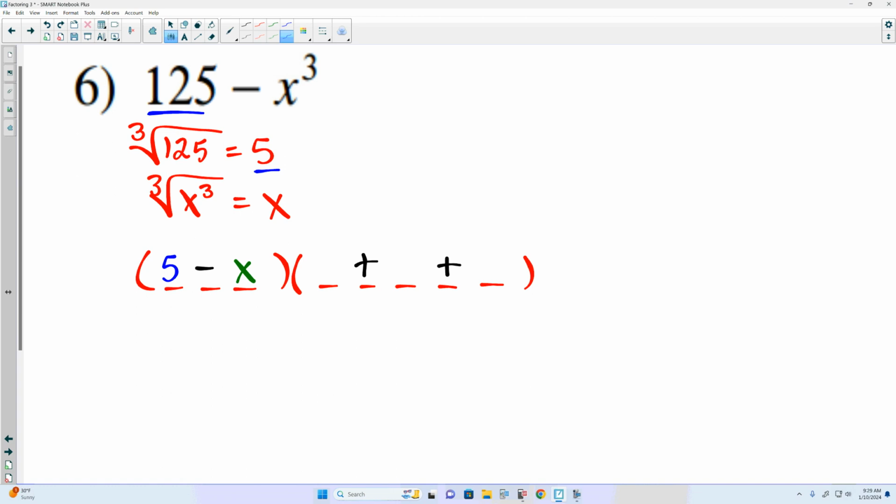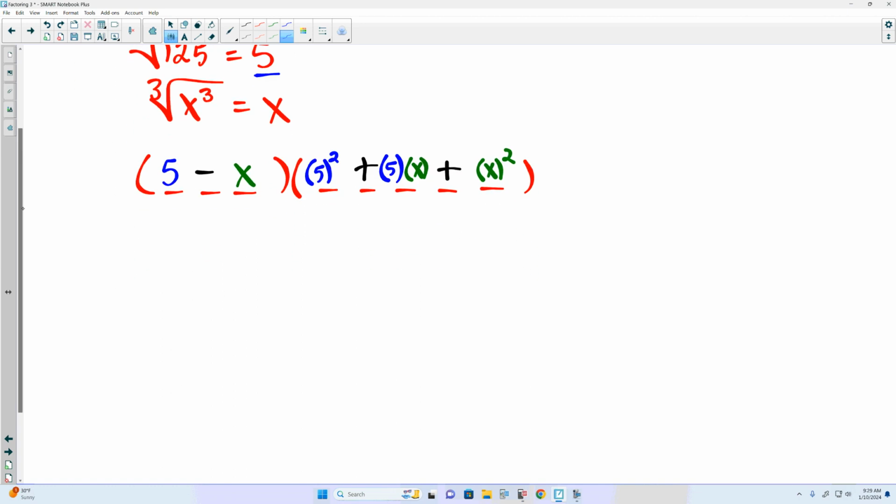Then we would have x, so in our bigger one it would be 5 squared, 5 to the first, and then no 5. First one wouldn't have an x, middle one would have x to the first, and last one's going to have our x squared. So when we simplify this, we're going to have 5 minus x times 25 plus 5x plus x squared.